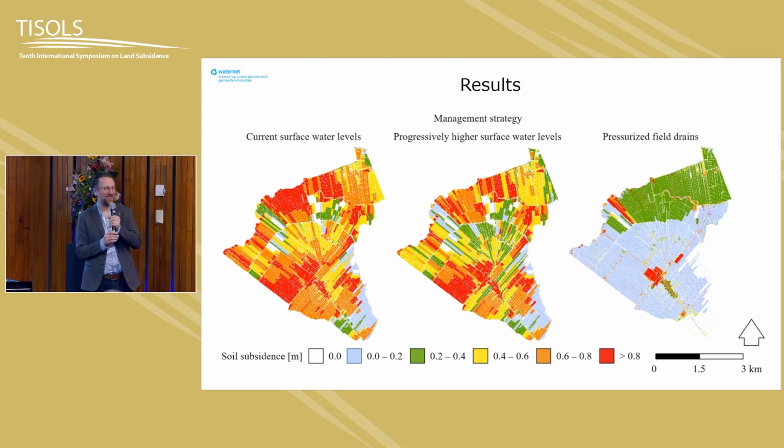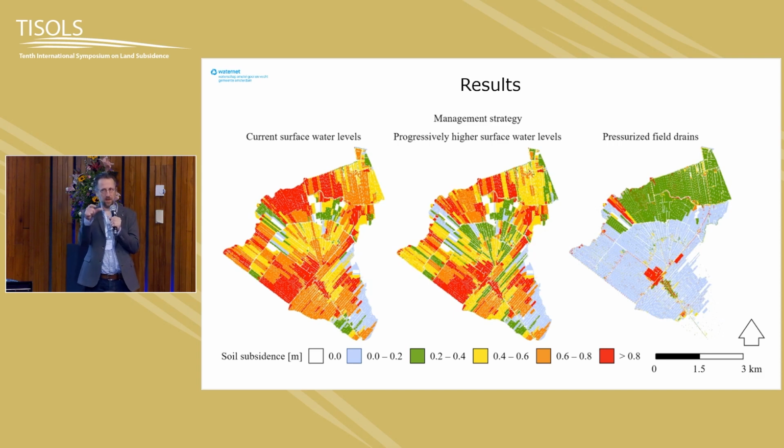Two good questions. How we calculated this: we have a simple but effective hydrological model, which takes into account the impact of surface water level on groundwater levels. And then we use the relation of Van den Akker, the linear regression model, to convert the groundwater levels to soil subsidence rate.